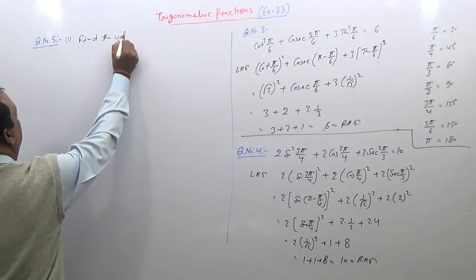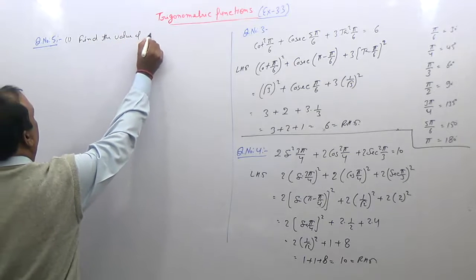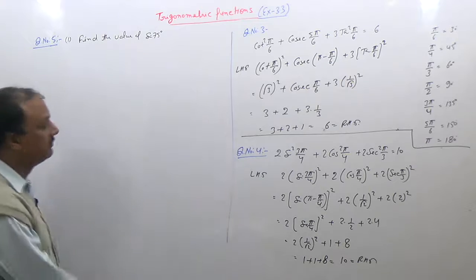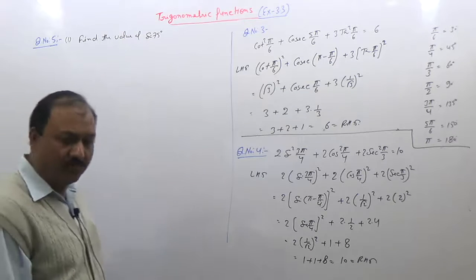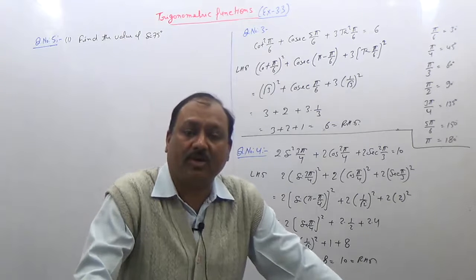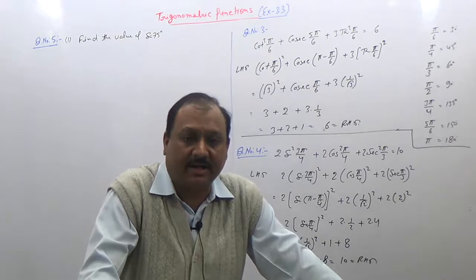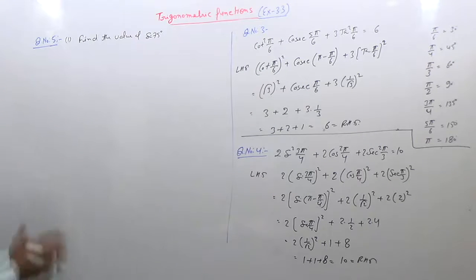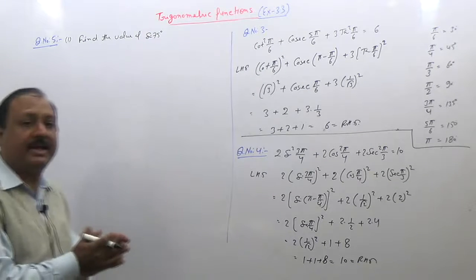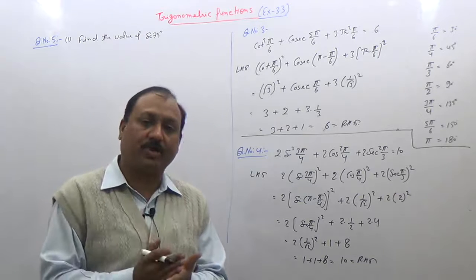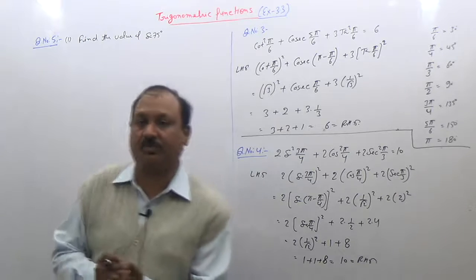So we use the identity because the trigonometric table does not have a 75 degree angle to find sin 75. So break this 75 degree in such a way that it becomes the sum of two known angles or the difference of two known angles.